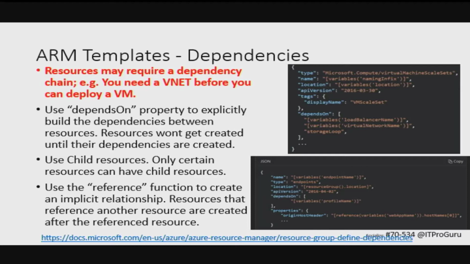Another nice benefit of ARM templates over using scripting is that all of these resources will get deployed in parallel when possible. So if I create 100 VMs, the ARM template will deploy those 100 VMs in parallel if it's possible. I can control that in the ARM template if I want it to be serial, but by default, if it can deploy resources in parallel, it will.